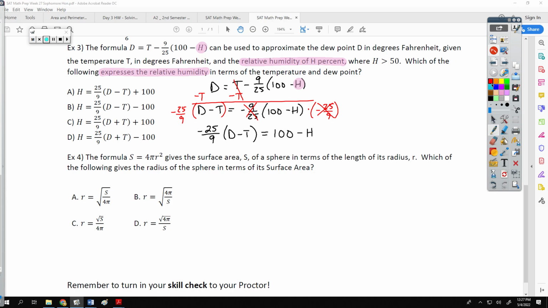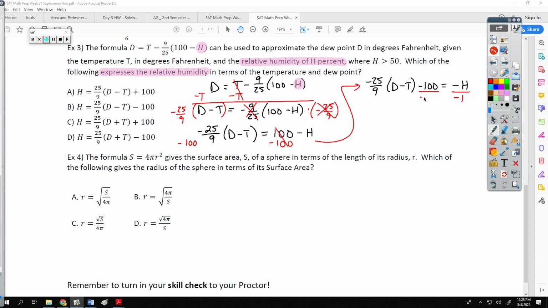Our next step then would be to subtract 100 from each side, which would give us negative H on one side, and on the other side, negative 25 over 9 times D minus T minus 100 equals negative H. Now we're very close at this point. We just need to get rid of the negative.